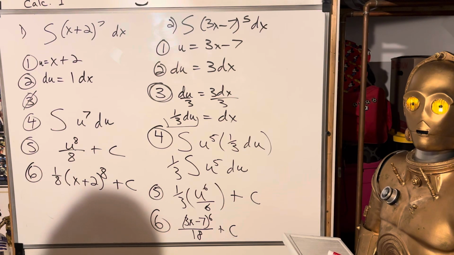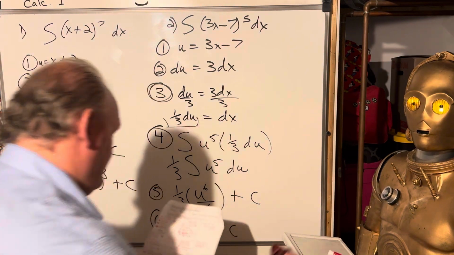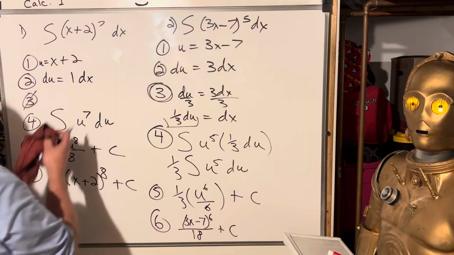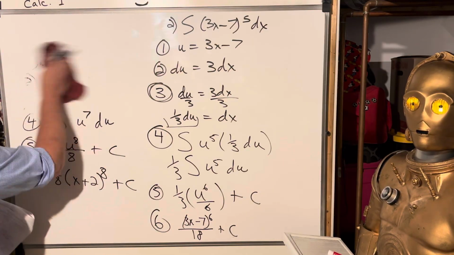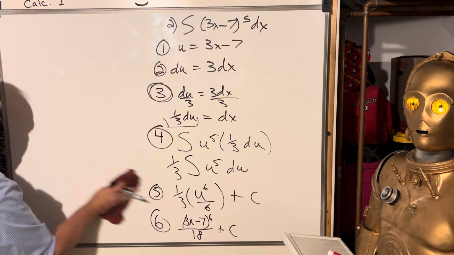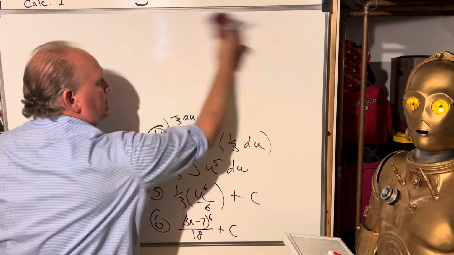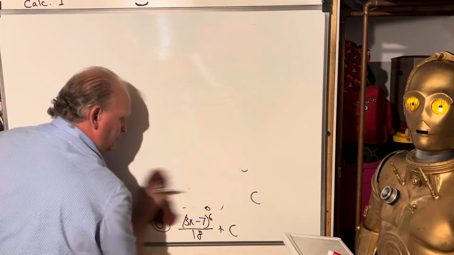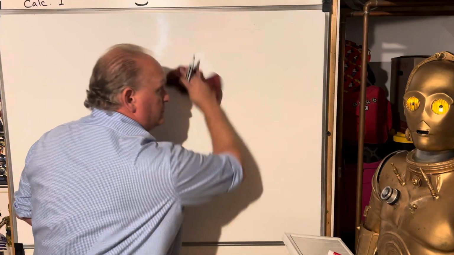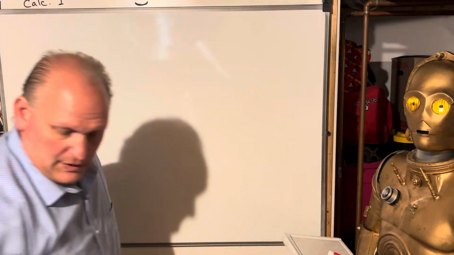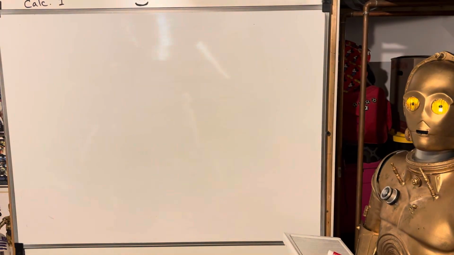Let's take a look at number 3. Still on page 26, we're working through the examples. How are we doing for time? Okay.